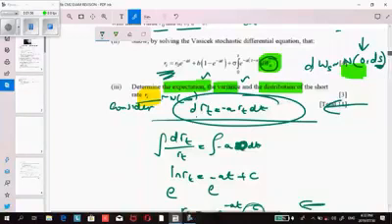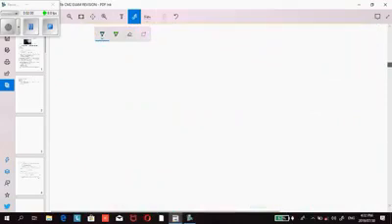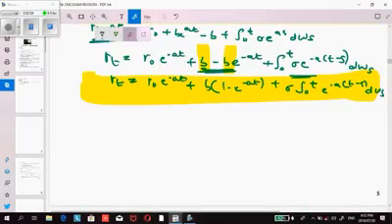So I'm going to start off with the solution of the Vasicek model, which is luckily here. Then from here, I'm going to insert an expectation on both sides.